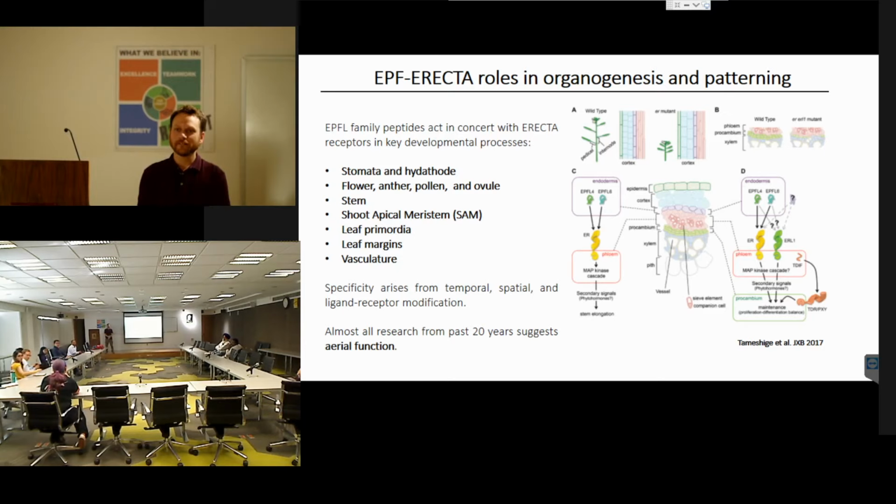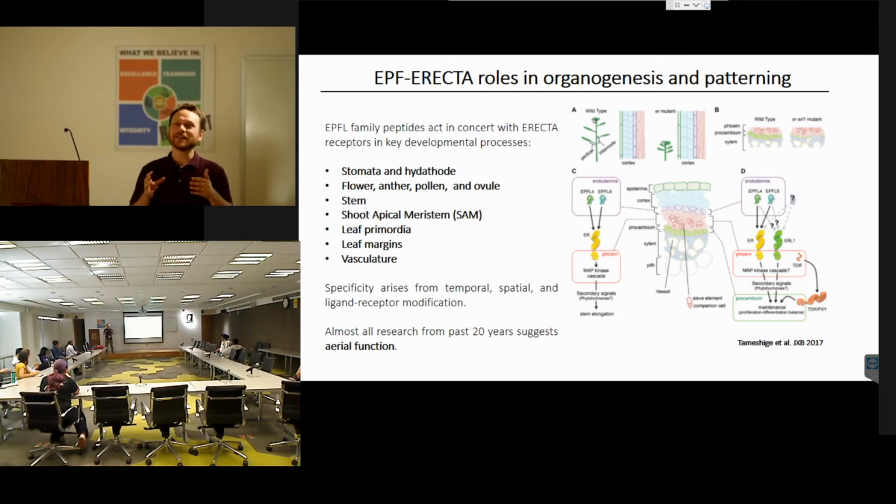What changes in the various EPF transcription factors do you see during drought and heat stress? So under water deficit, the biggest thing the plant is going to do is reduce cell division.